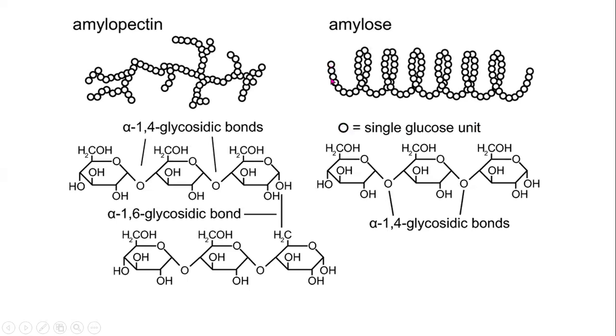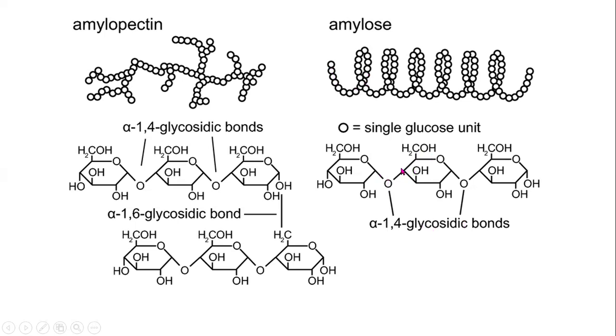Glucose units join together to form an alpha 1,4 glycosidic bond. Carbon 1 of one glucose residue makes a glycosidic linkage with carbon 4 of another glucose residue.